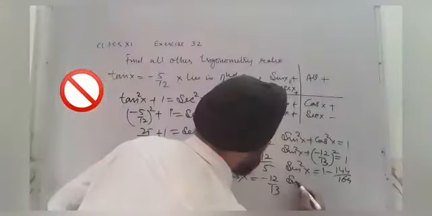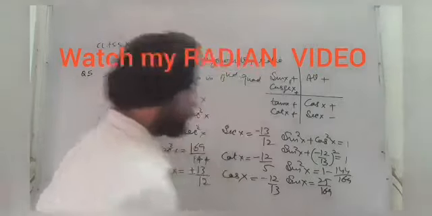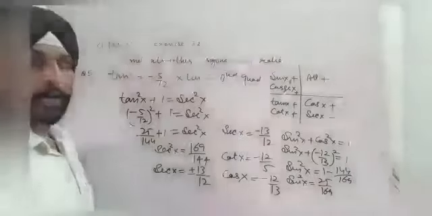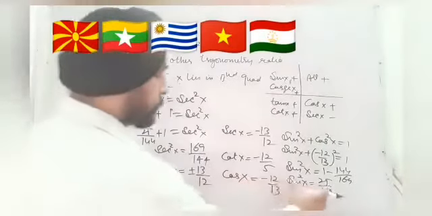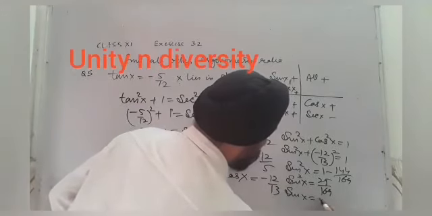After the calculation, sin square x is equal to 25 by 169. Now we will take the square root of both sides here. So finally sin x is equal to plus minus 5 by 13 here, student.